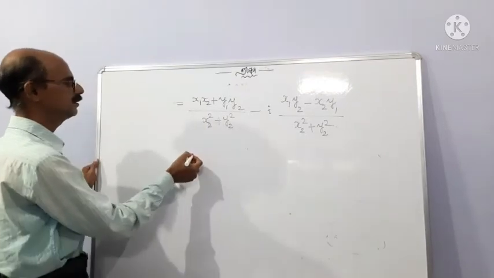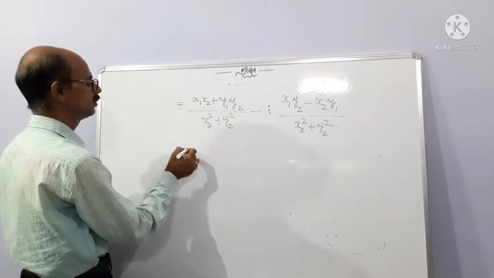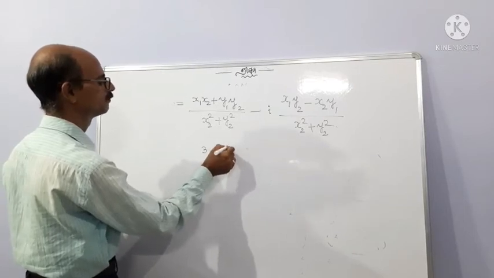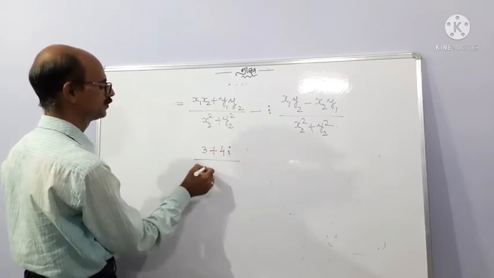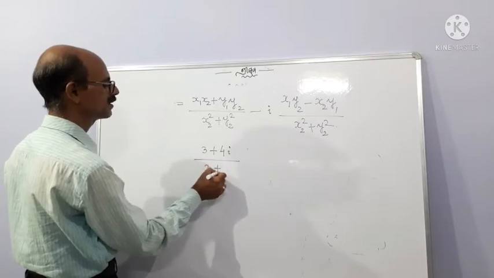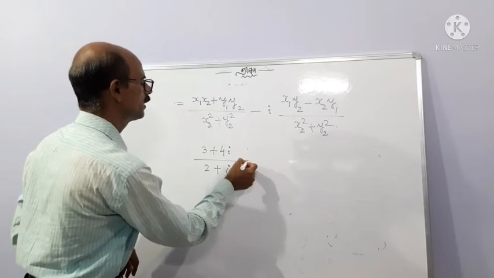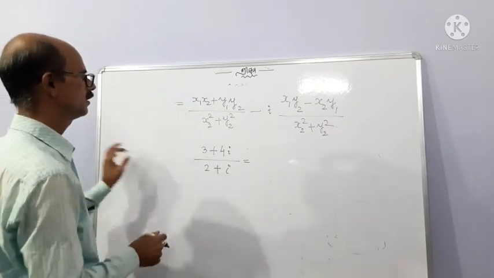Suppose you are asked to divide 3 plus 4i by 2 plus i. Then what will be the result?